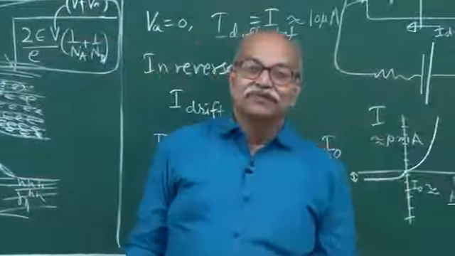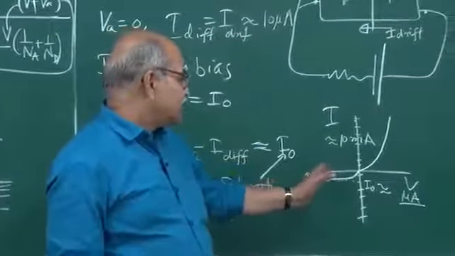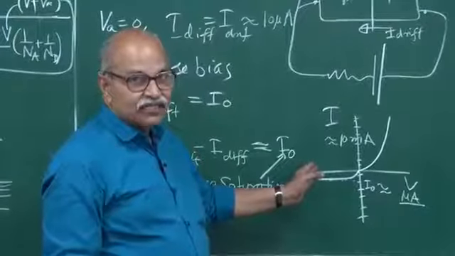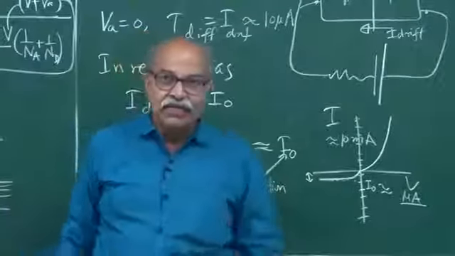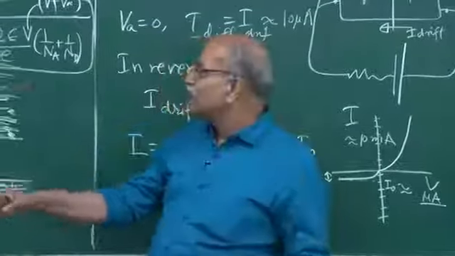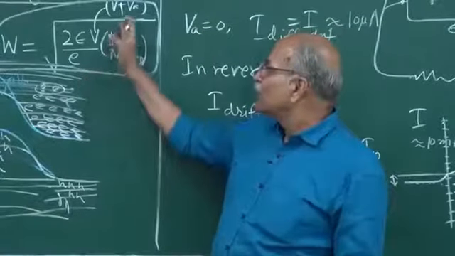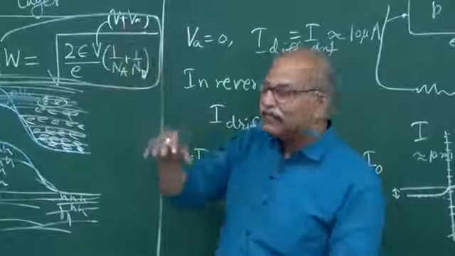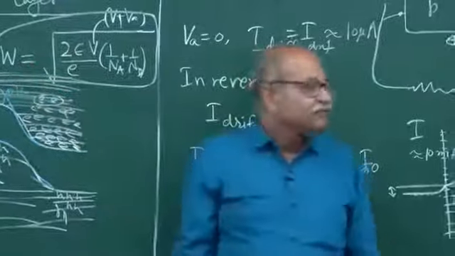Now let me talk of what happens if I have very large reverse bias voltage. Large reverse bias voltage also means wide depletion layer, this equation. If you apply a large reverse bias voltage, you are increasing the barrier, and therefore, you are widening the depletion layer.